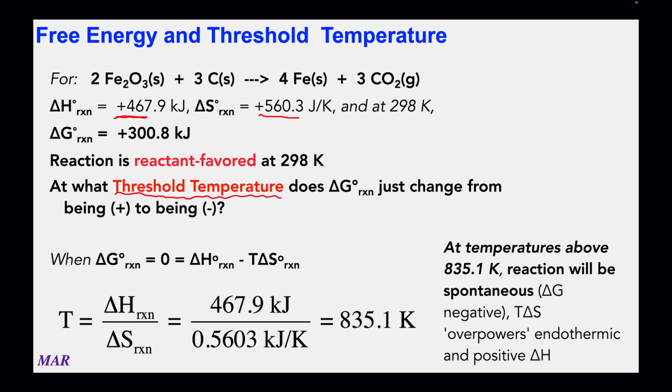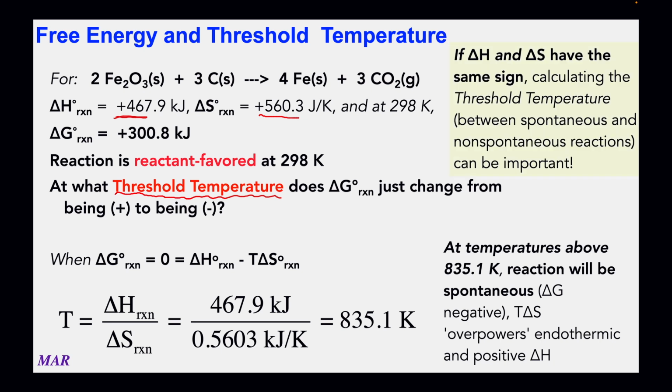Honestly, it's more likely that you're going to have both positive, like here, but if you do see it, that's what that would mean. If you end up with delta H negative and delta S positive, or vice versa, your temperature comes out to be a negative Kelvin. And again, that doesn't fly in science, so that'll tell you that this doesn't make any sense. But if they're both the same sign, these threshold temperatures can be really important.